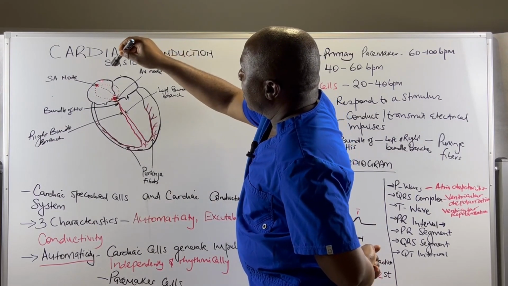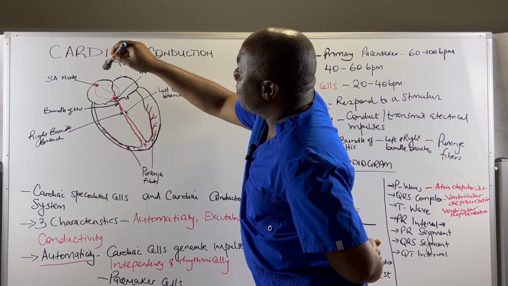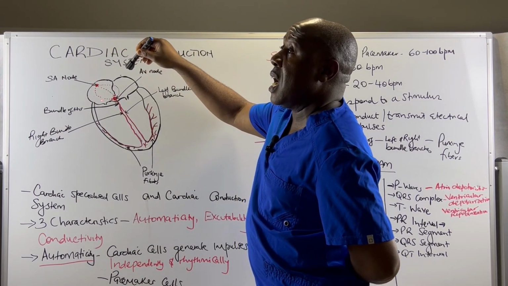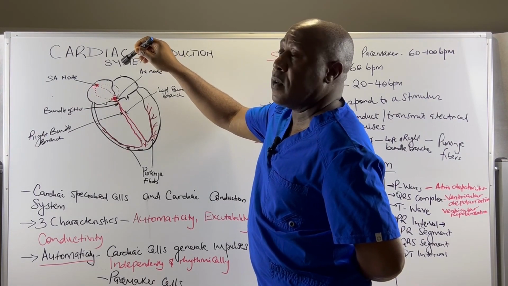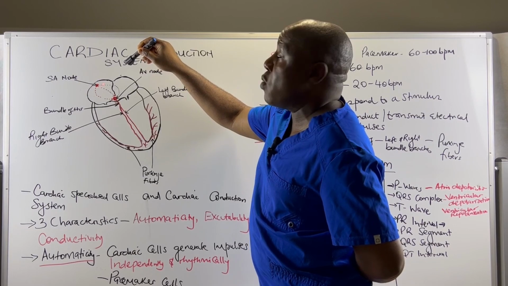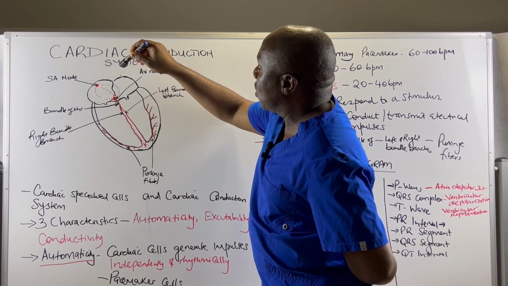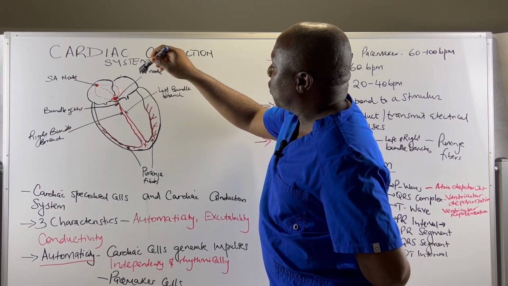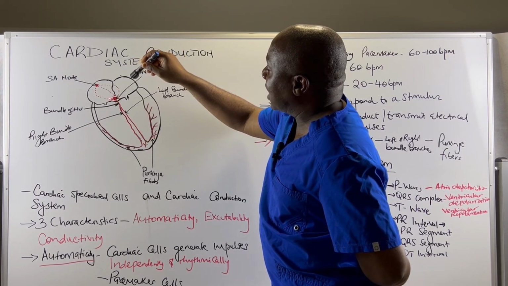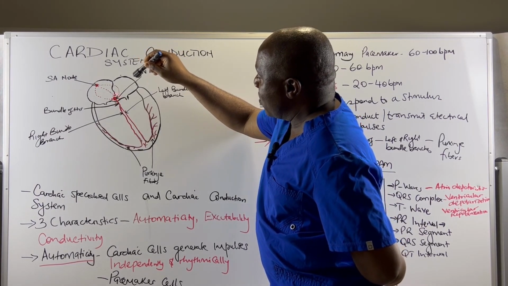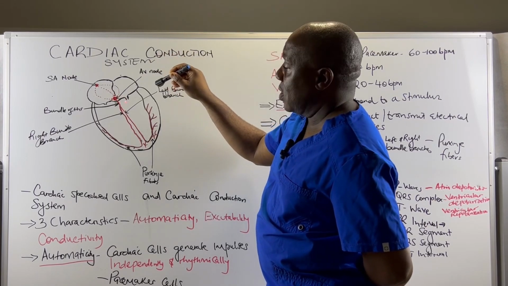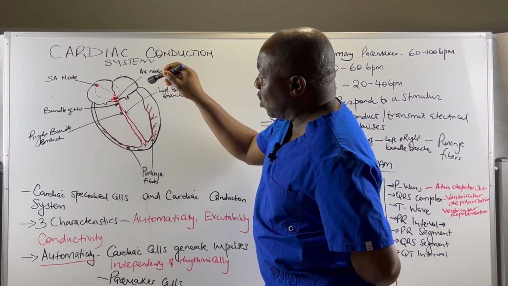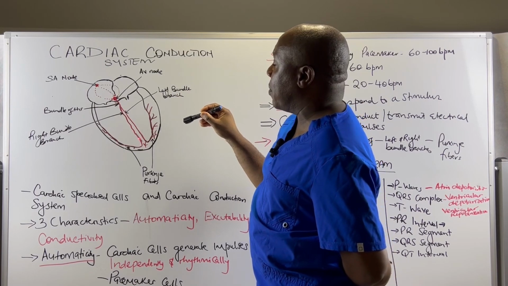So the electrical impulse comes from the SA node. Remember, in a normal working heart, we expect the SA node to be the primary pacemaker, the one firing. From the SA node, the impulses travel through the atria via the internodal pathways. They arrive at the AV node. There is a slight delay of the impulse at this node just to enable the ventricles to fill up with blood.